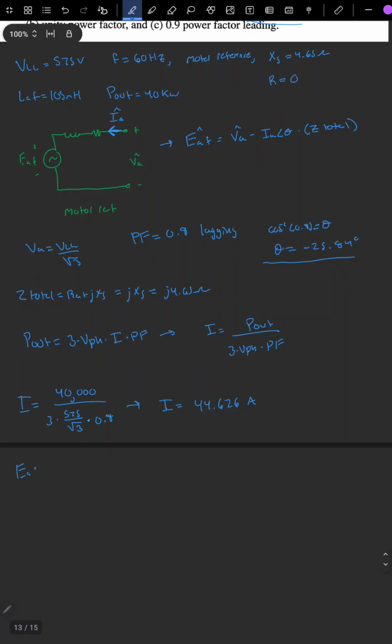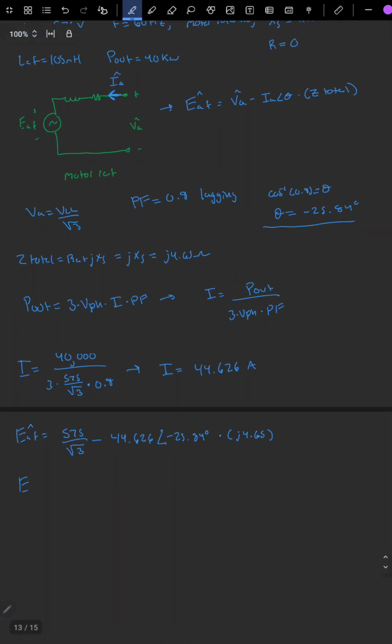So now we want to plug that into our original equation. EAF is going to equal 575 divided by the square root of 3 minus 44.626, at the angle we found earlier, negative 25.84 degrees, multiplied by Z total, which is just JXS, J of 4.65.